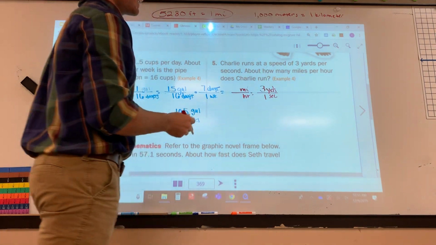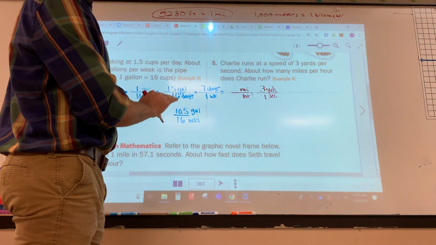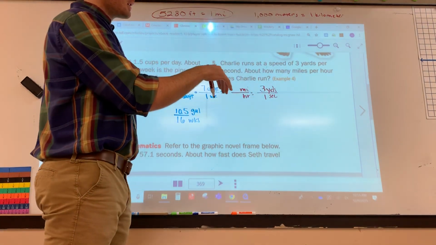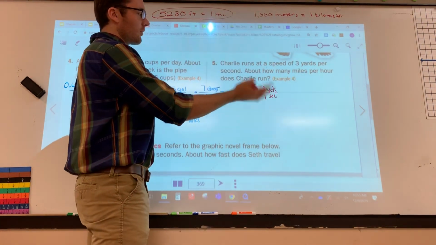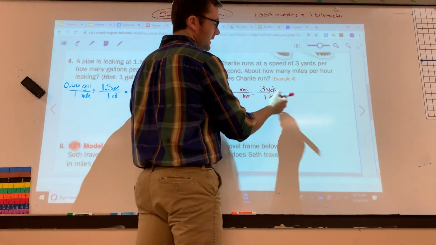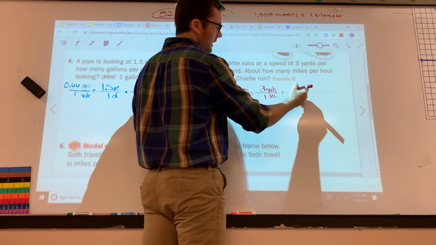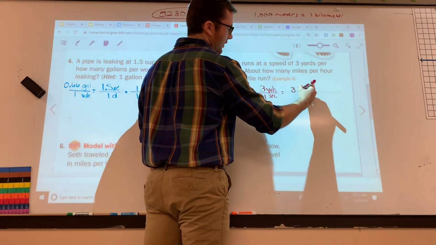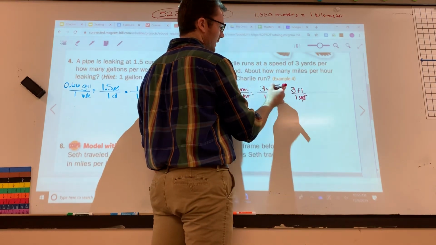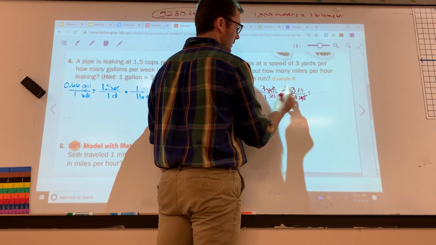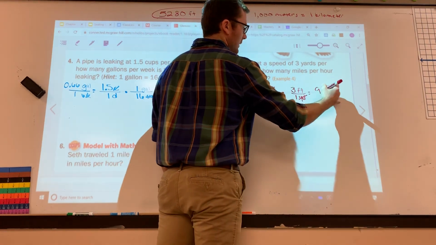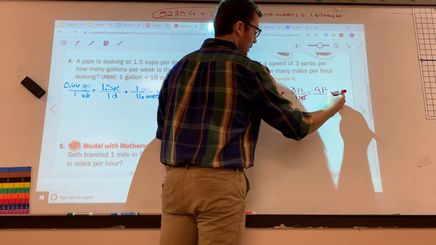So I don't know the relationship between yards and miles, but I do know the relationship between yards and feet, 3 feet per yard, and I know the relationship between feet and miles, so I'm gonna get rid of the yards first and turn it into feet. So I know that there are 3 feet in 1 yard, so these cancel out, and now I have 9 feet per second.